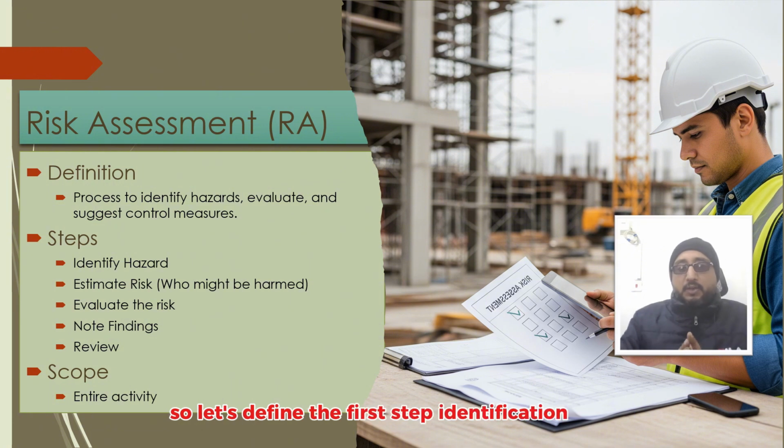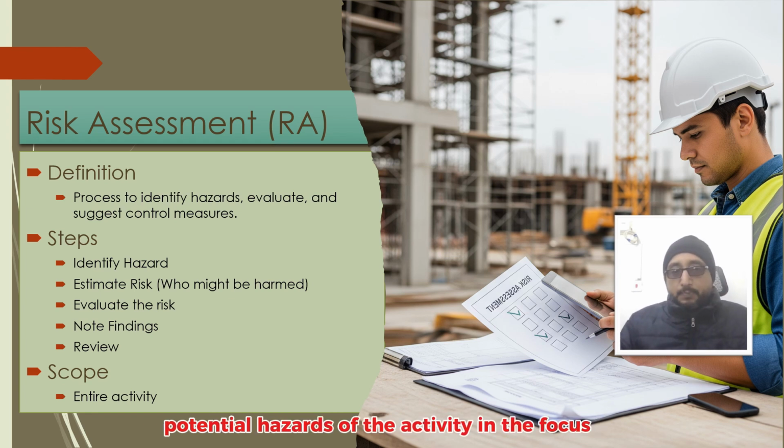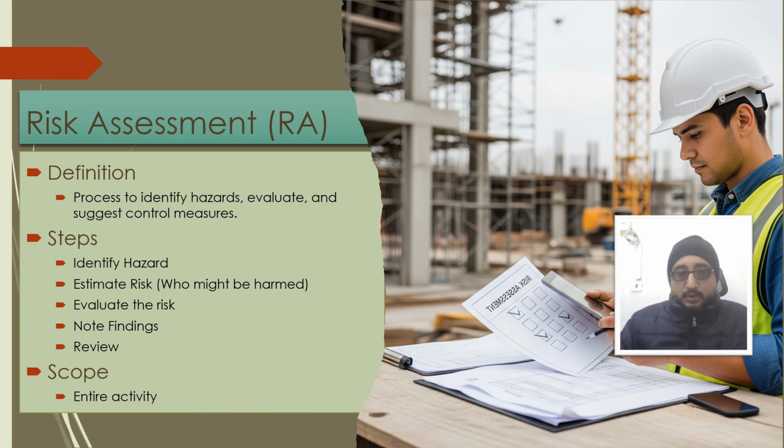The first step, identification of the hazards, involves identifying all the potential hazards of the activity in focus. Once the hazards are identified, we have to estimate how these hazards may impact our organization. Maybe they can affect your workers, your environment, your property, anything.